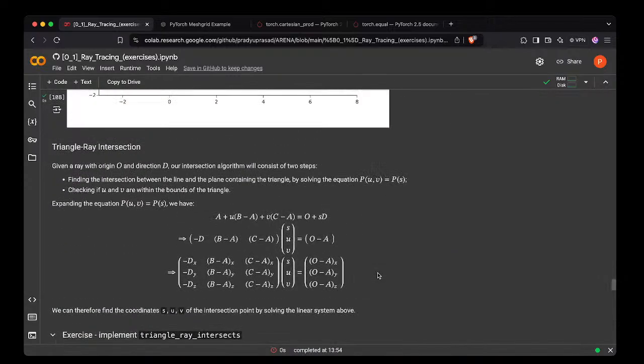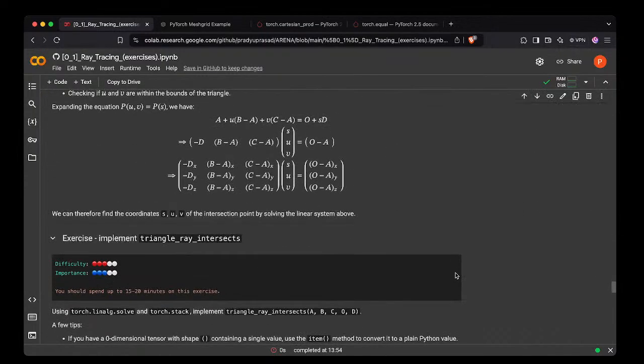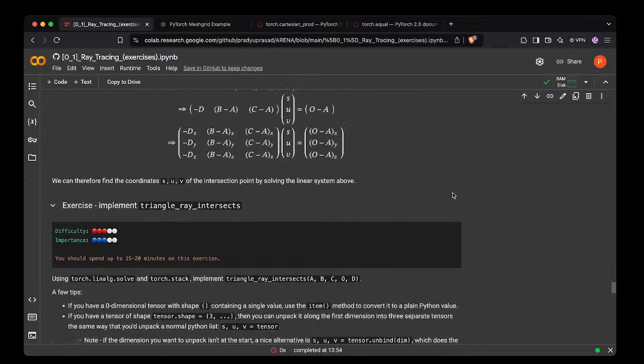What constraints should we check on this? Correct, we find this. Check if u and v are within the bounds of the triangle. How do you check that again? Within the bounds of the triangle.